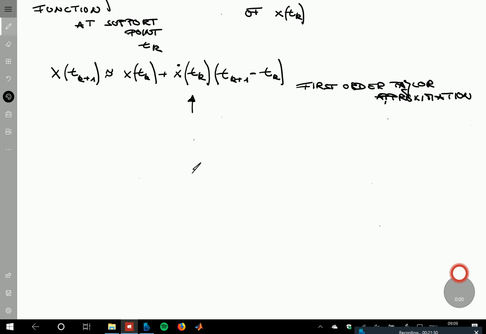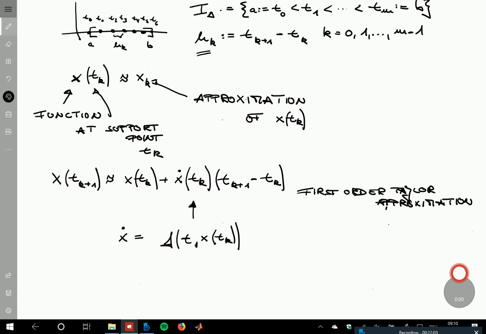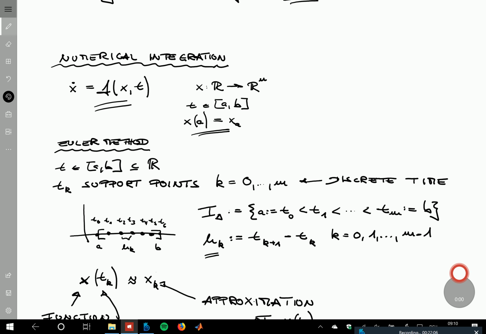If we know t_k, then we also know the value of the derivative of x at t_k, because the derivative of x at t_k is given by our function that describes the first order ODE, the initial value problem, because this is how this whole thing was defined. So we started from an initial value problem here.